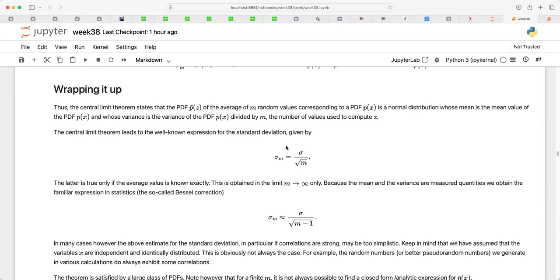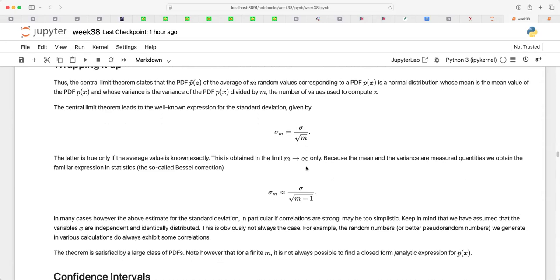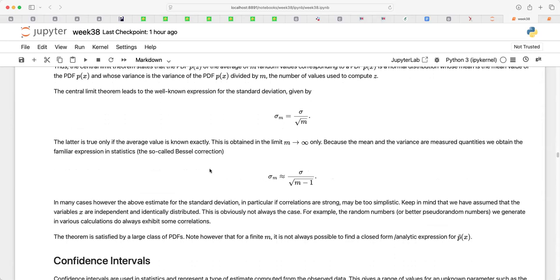One is that you approach a Gaussian, and the other is that the new standard deviation, the square root of the variance, is given by the individual one divided by the square root of the total set of experiments. And since you don't know the mean value exactly, you often have a formula where you have n minus 1.